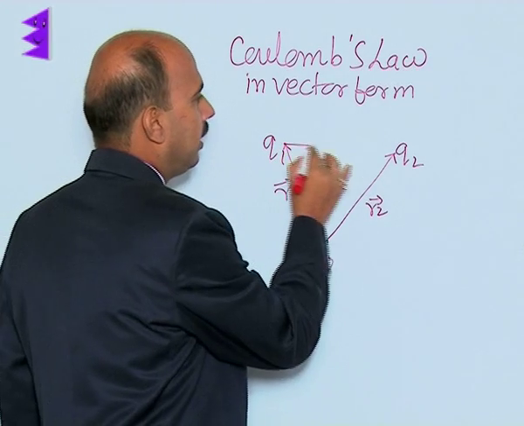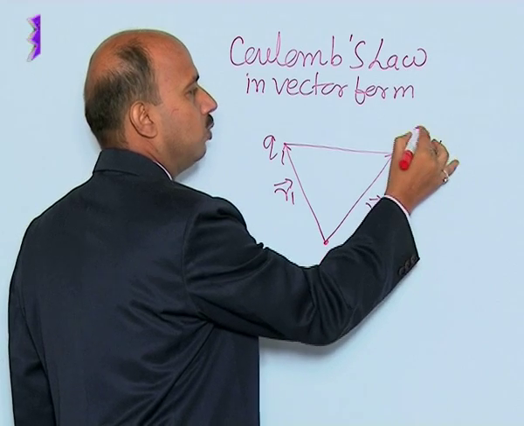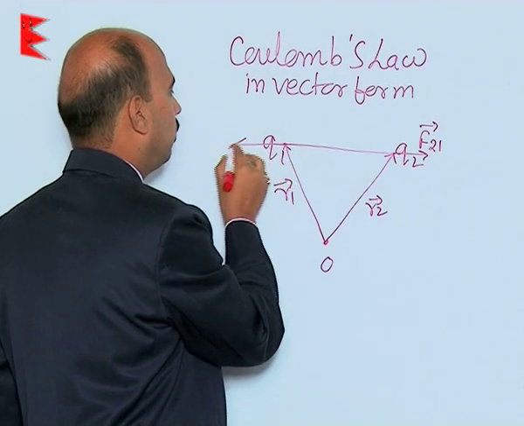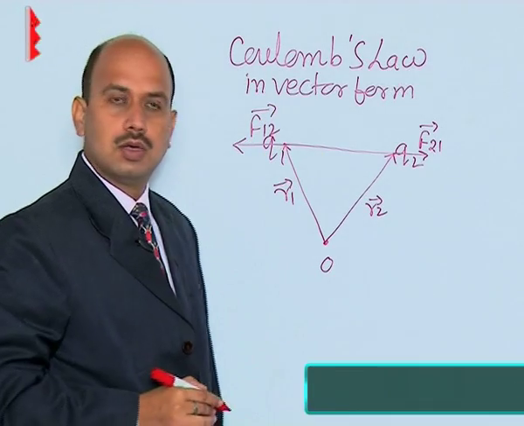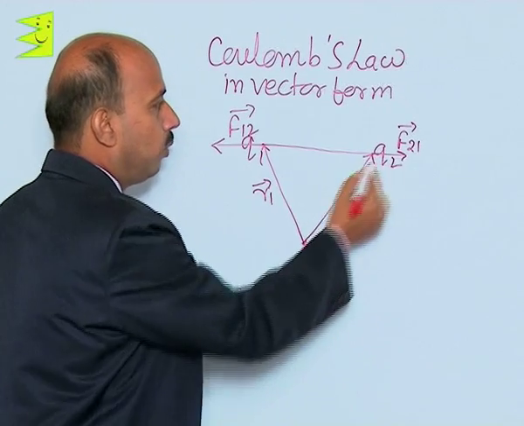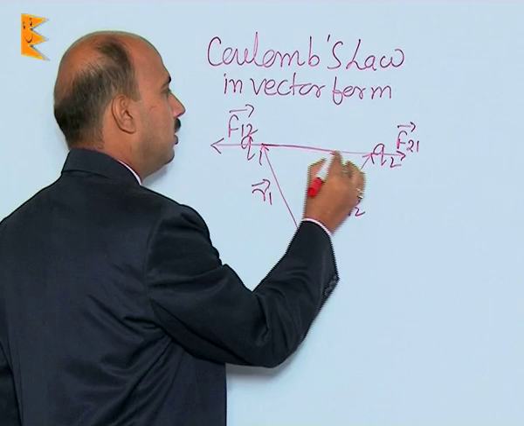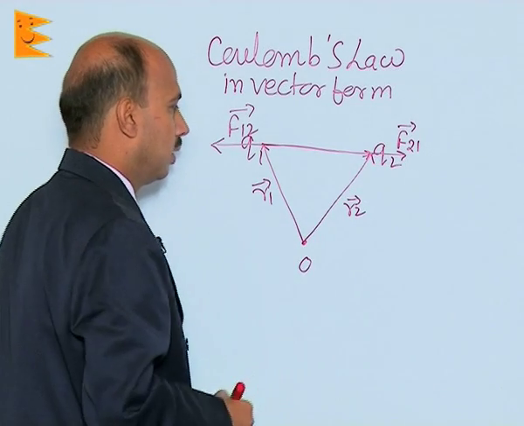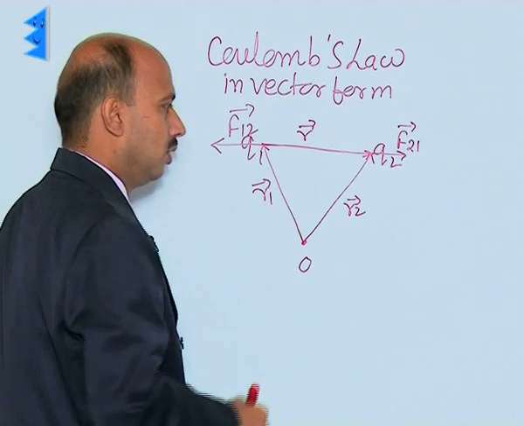Now if you take force on 2 due to 1, it is F21 to this side, and force on 1 due to 2 is F12 to this side. Now if you want to get F21, we can take the vector to this side, suppose this is vector r.